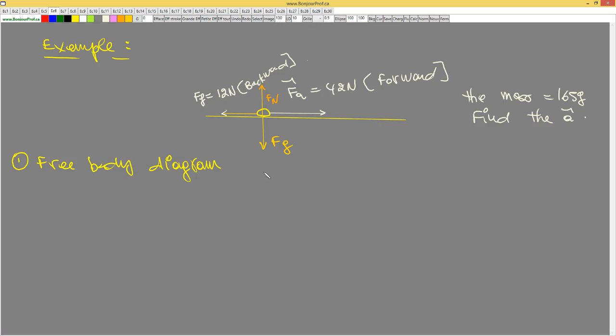Understand? Good. Now we are going to do the free body diagram. In the free body diagram, the object is always a dot, and I'm going to put the forces. I'm going to put a force up, a force applied forward, and a force backward.